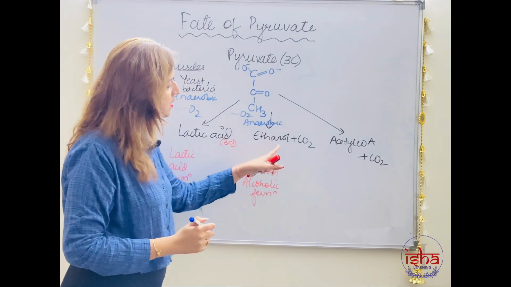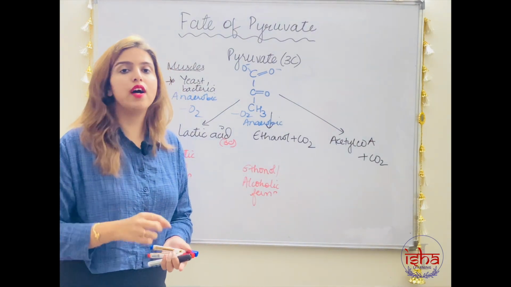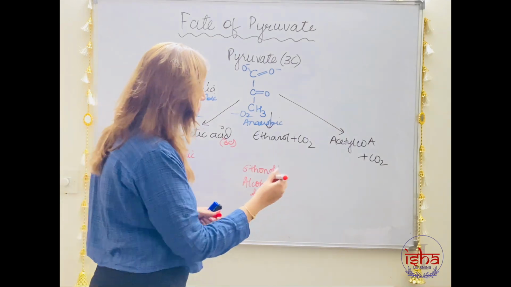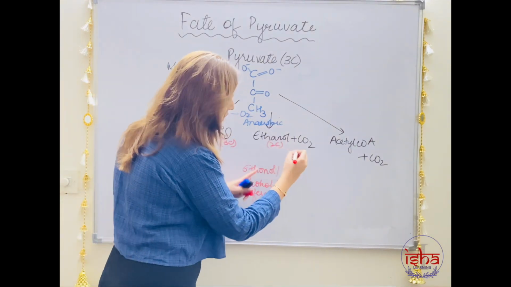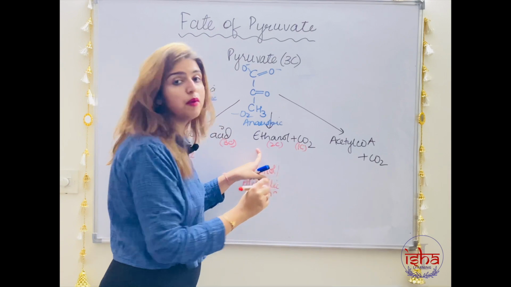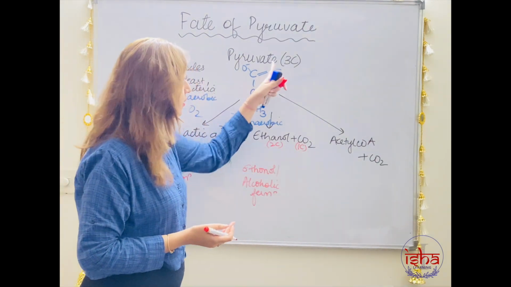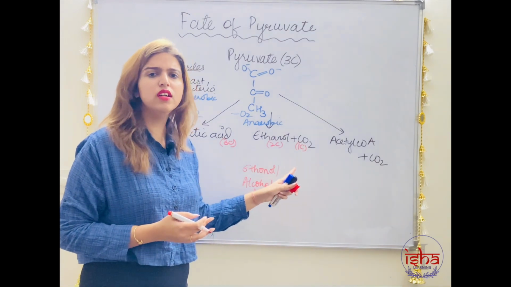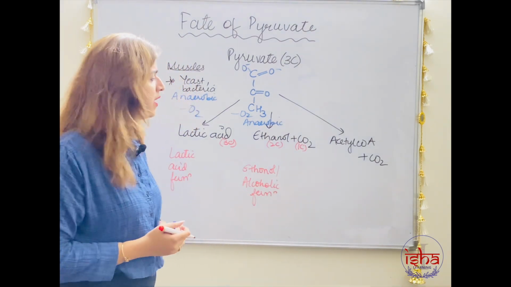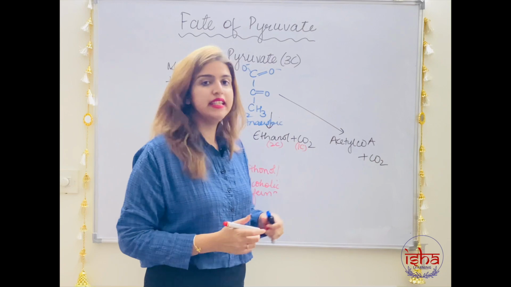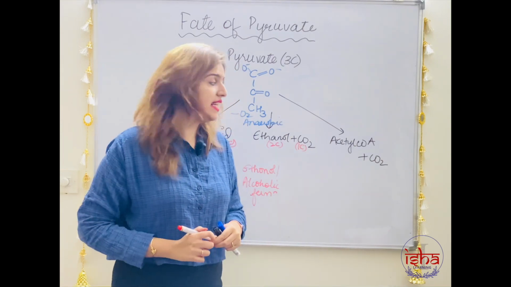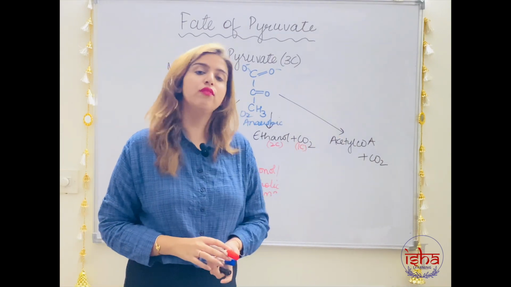Now you see ethanol is a 2-carbon compound. How did I come to this conclusion? Because 1 carbon is here in the carbon dioxide. So even if I did not know the structure, I could have figured that 1 carbon out of 3 came here, so only 2 were left in ethanol. Anyways, in the third case, acetyl-coenzyme A and carbon dioxide is formed.